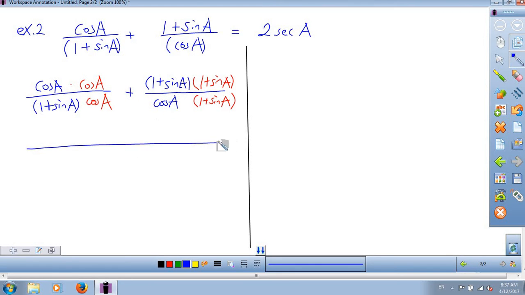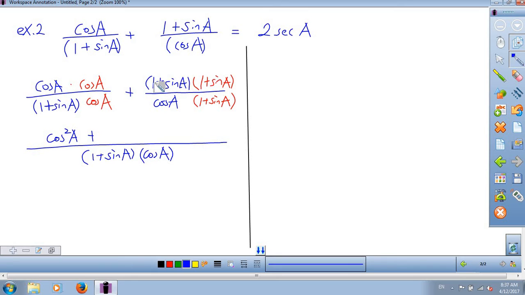So let's go ahead and write the big fraction here. The denominator is 1 plus sine A times cosine A. Now I don't want to multiply them together yet because I want to keep them in factor form, so maybe later on we can cancel them out. Here, the first term, we have cosine times cosine, which is cosine squared. Now here is something that requires algebraic techniques, where we need to use the distributive property, or FOIL in this case.